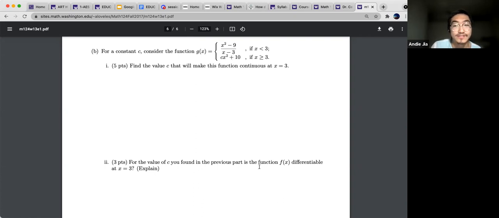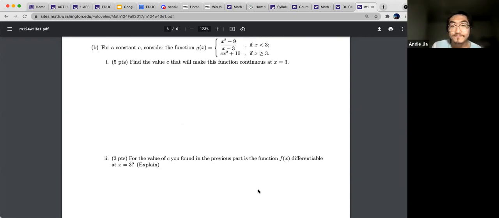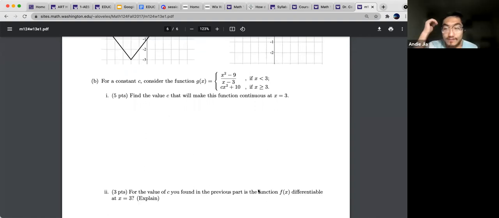Then the function is just not differentiable at x equals 3. Do you have any questions on this problem? Any questions?